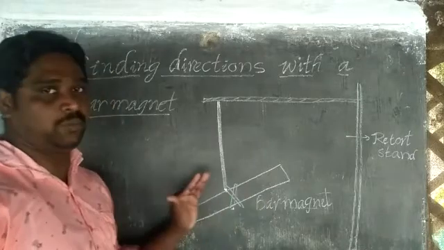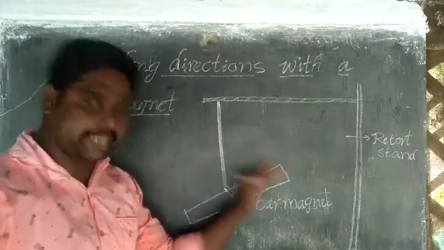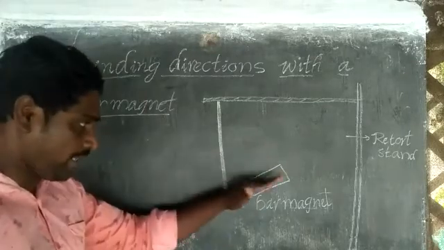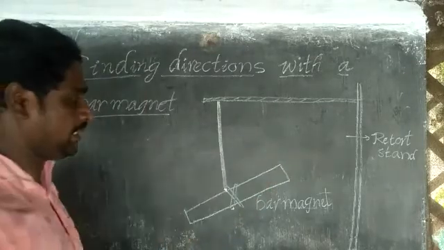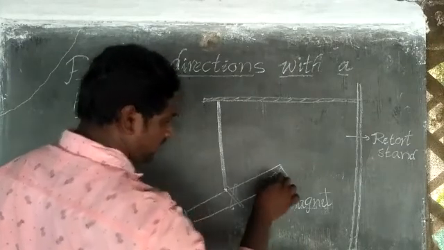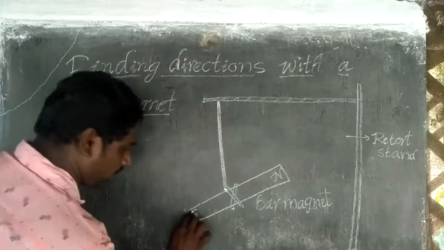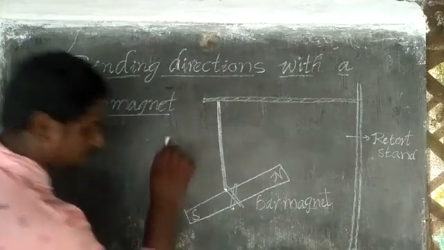The rest position of the bar magnet indicates directions. That is, one end of the bar magnet indicates the geographical north direction, and the other end indicates the geographical south direction.